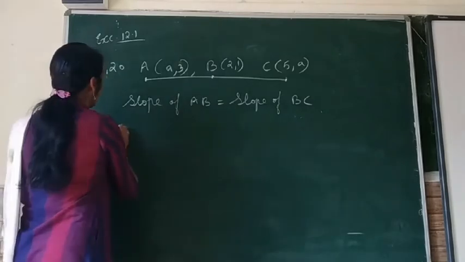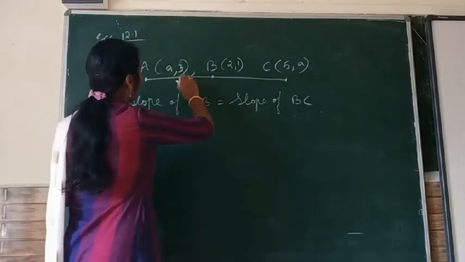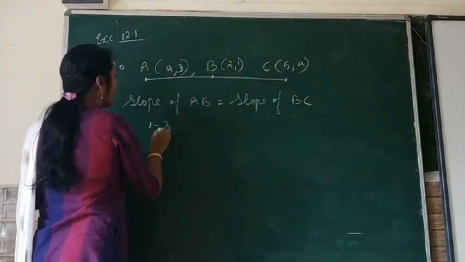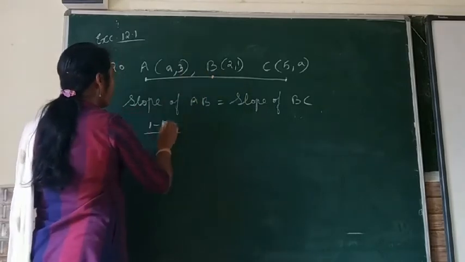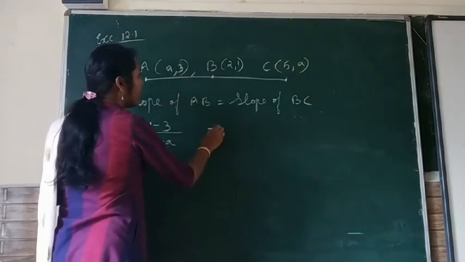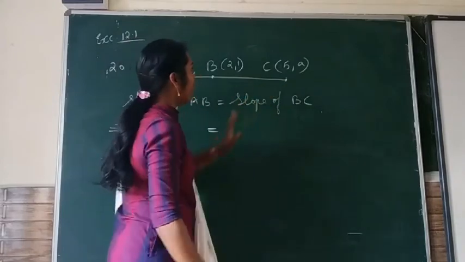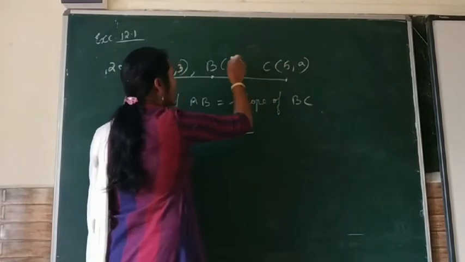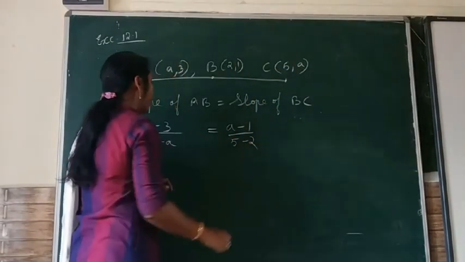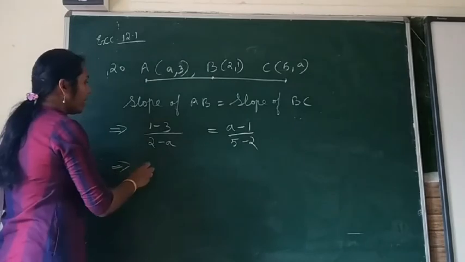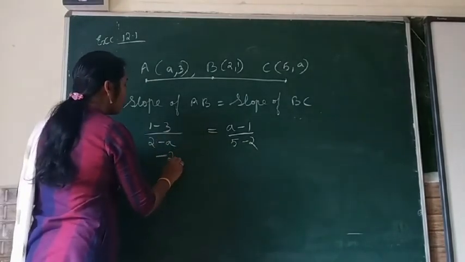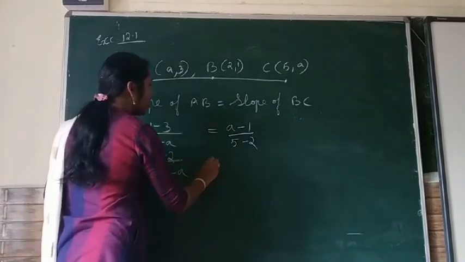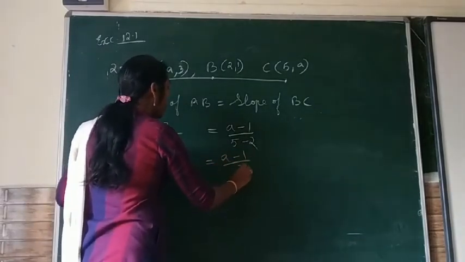That is, slope of AB can be obtained as y2 minus y1, 1 minus 3, divided by x2 minus x1, 2 minus a, is equal to slope of BC, which can be obtained as y2 minus y1, a minus 1, by x2 minus x1, 5 minus 2. Simplifying it, we get minus 2 by 2 minus a equal to a minus 1 by 3.